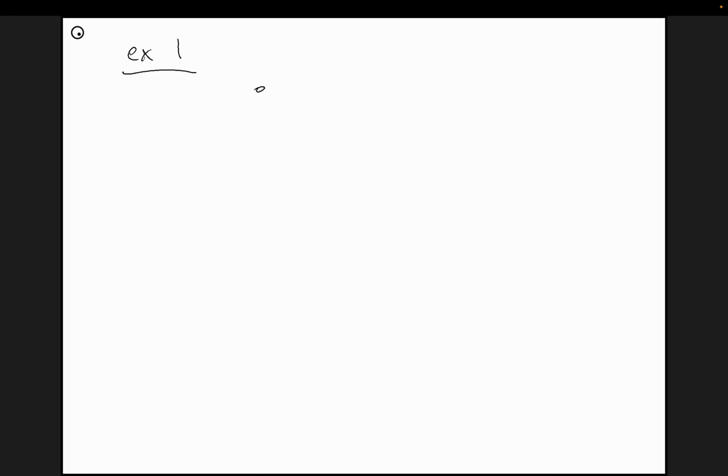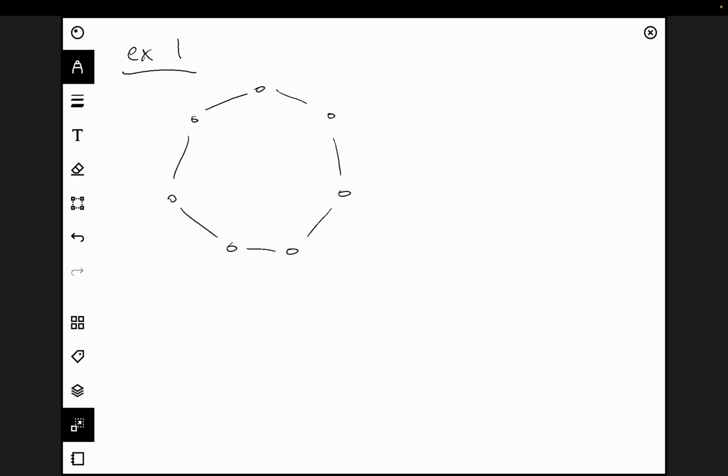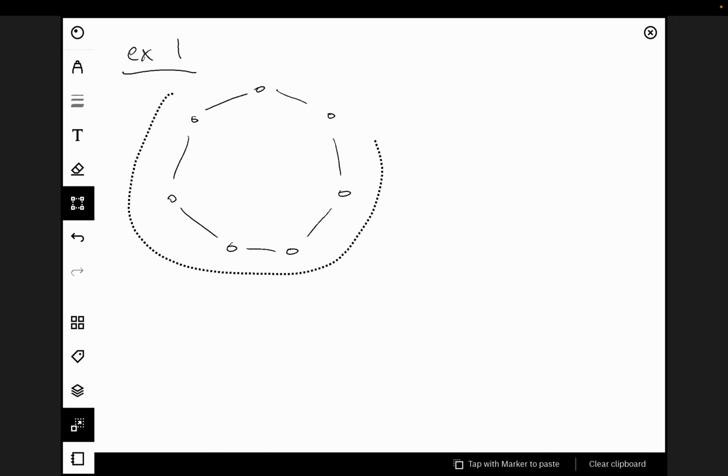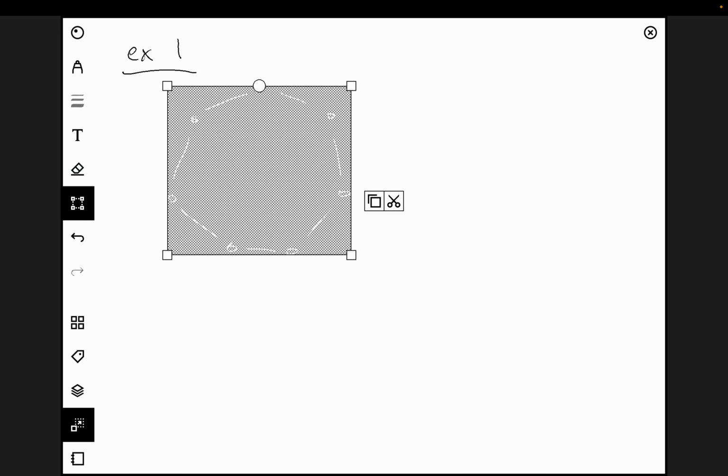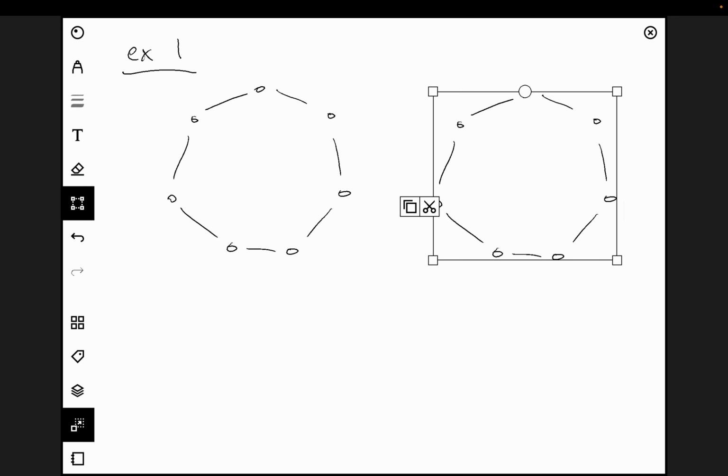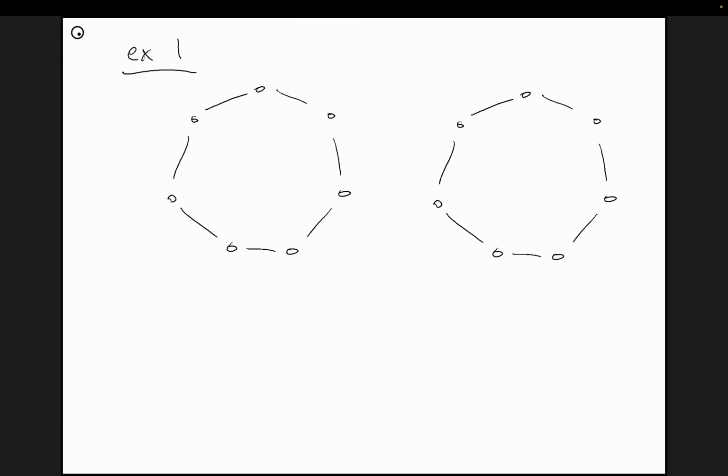So 1, 2, 3, 4, 5, 6, 7. I'm going to connect them like so. And because I want to have a similar one, I'm going to copy it real quick, put it here, and the one I'm going to connect like so.